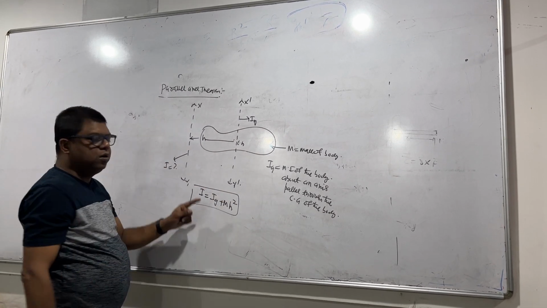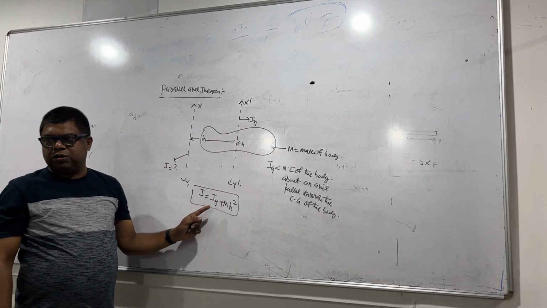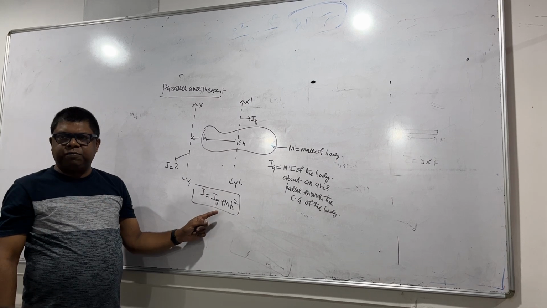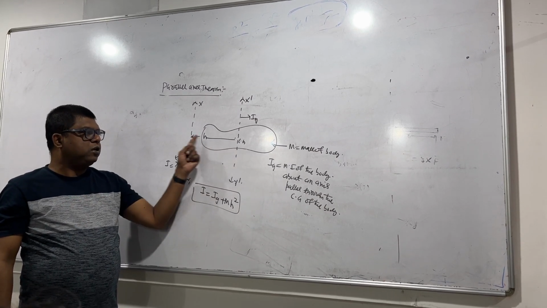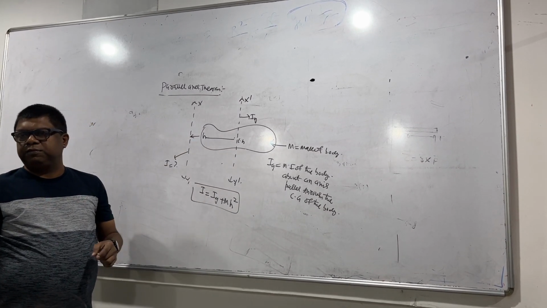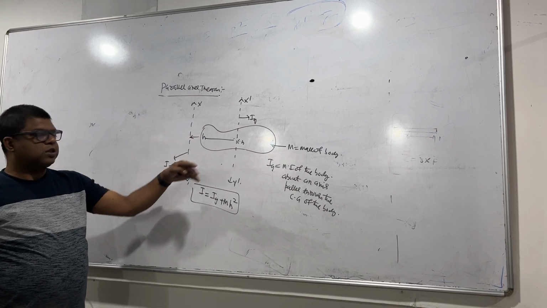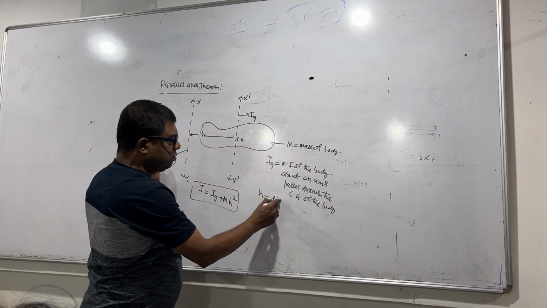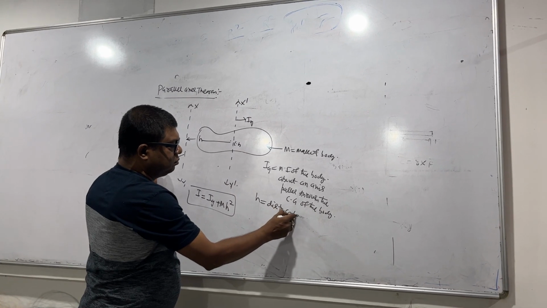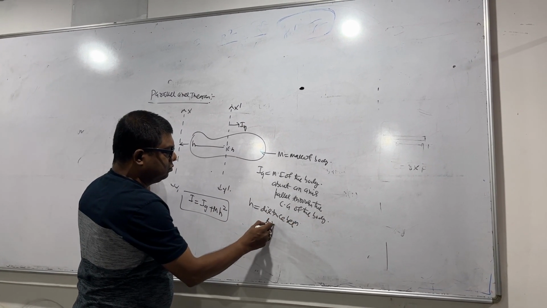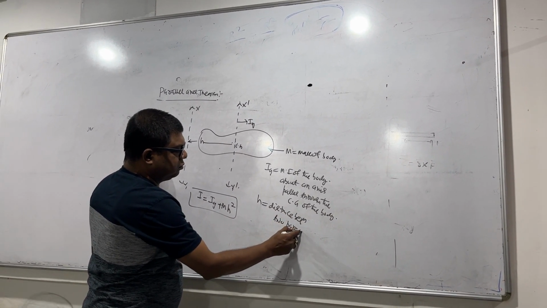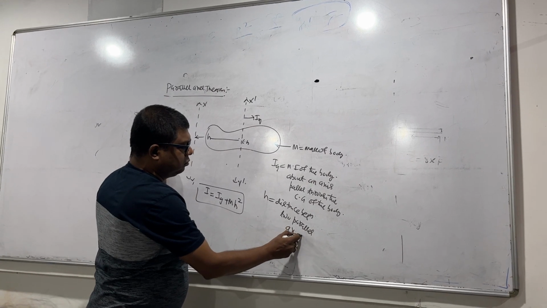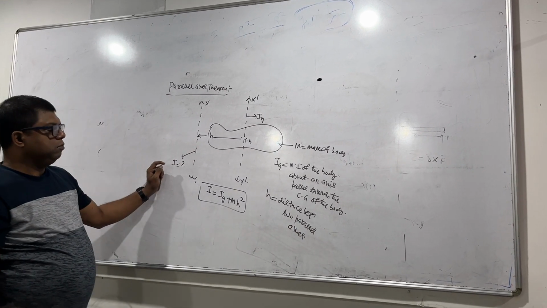That is the sum of the moment of inertia of the body about the axis through the center of gravity and the product of the mass of the body and the square of the distance between the two parallel axes. h is equal to the distance between the parallel axes.